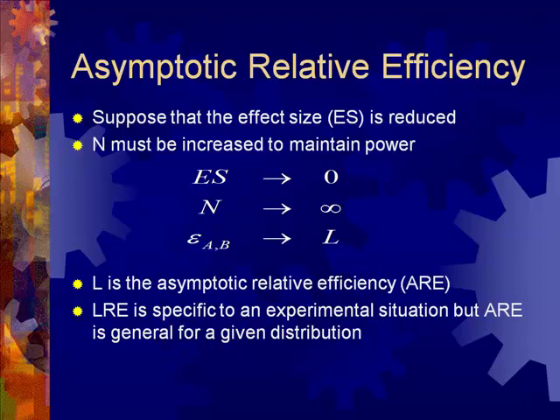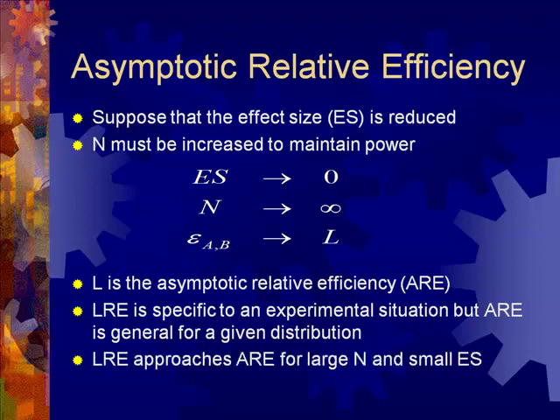The nice thing though is that local relative efficiency and asymptotic relative efficiency are typically similar, especially when we have a large sample size and small effect size. So the times that they're likely to be somewhat different from each other is if we have small n and we're looking at larger effect sizes.